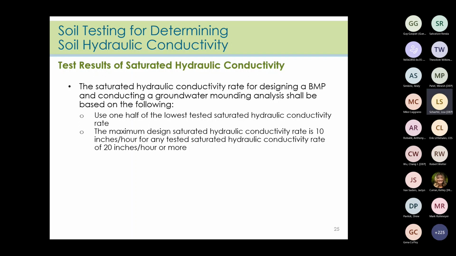Okay, that is what is then used to compute a BMP's drain time for the maximum design volume, the exfiltration rate for a BMP allowing exfiltration in the routing calculation, or the infiltration rate in the groundwater mounding analysis. Now, where any tested saturated hydraulic conductivity rate is 20 inches an hour or more, the maximum design saturated hydraulic conductivity rate that can be used is 10 inches per hour.